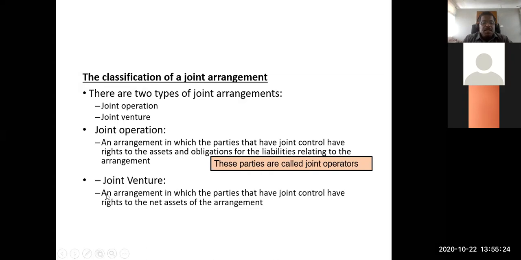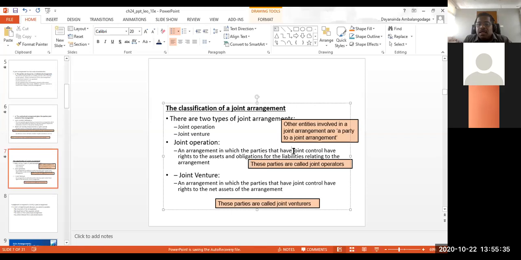So a joint venture means an arrangement in which parties that have joint control, and in both cases you have to remember joint control, have rights to the net assets of the arrangement. If you read this carefully, here parties have joint control, and there parties have joint control. The difference is: under joint operation, rights to the assets and obligations for the liabilities related to the arrangement; under joint venture, rights to the net assets of the arrangement.